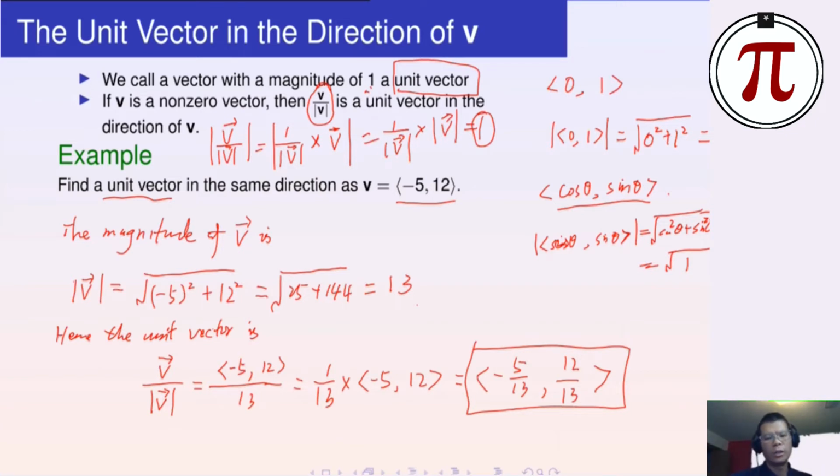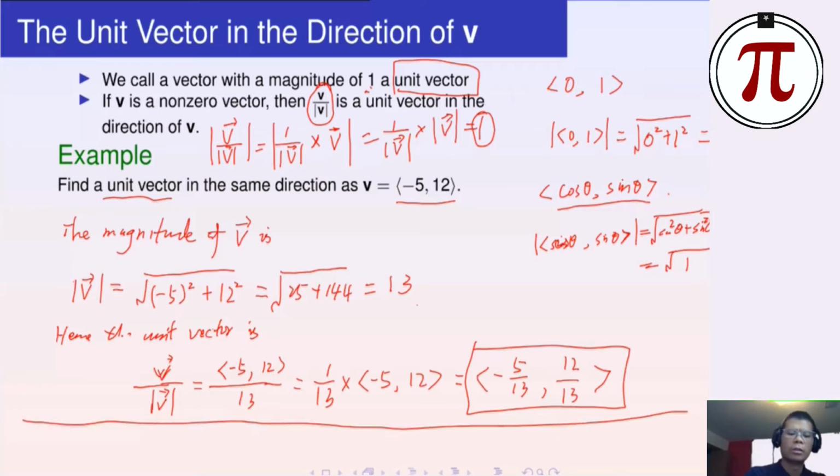So you find the magnitude, but you take the negative, using negative v. Okay, note.